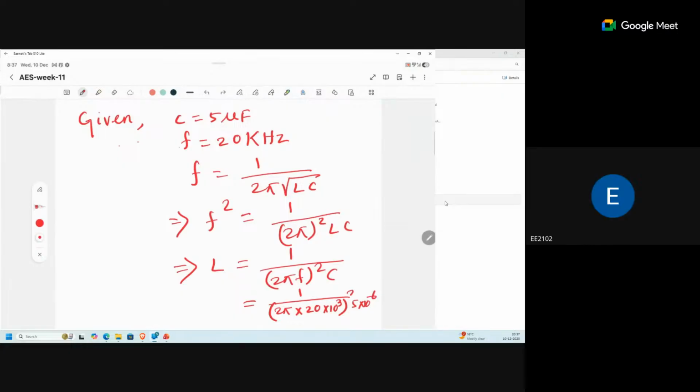Yes, it should be whole square. You can eliminate 10 to the power 6 and 10 to the power minus 6. Then it will be easy to calculate.